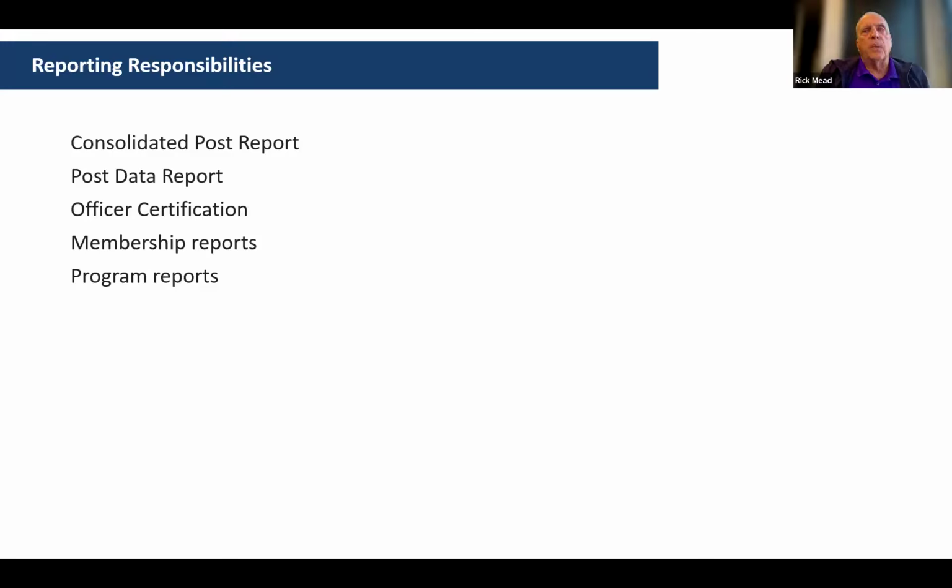That post data report, I get a sheet for each post within the department, and I then send that out to every adjutant and or commander if I don't have an adjutant for a post, and ask them to fill that information out and provide that back to the department so that I am able to then provide that information to National. Now, why is that important?